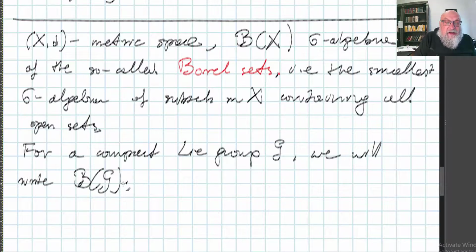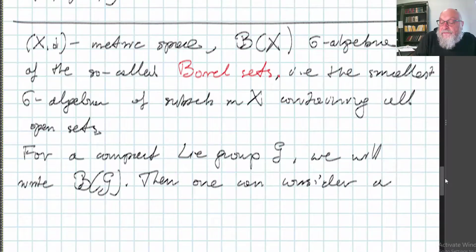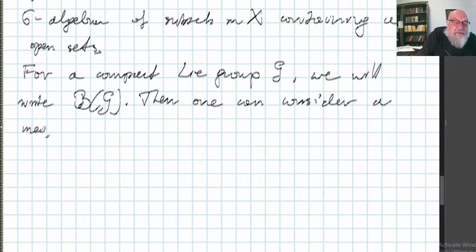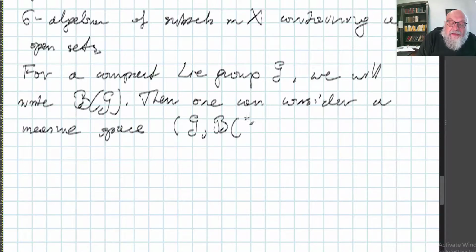What does it mean, a measure space? If you have a sigma algebra, then one can consider a measure space, and this will be like that: I put here my G, the Borel sets, and the measure I denote by mu.